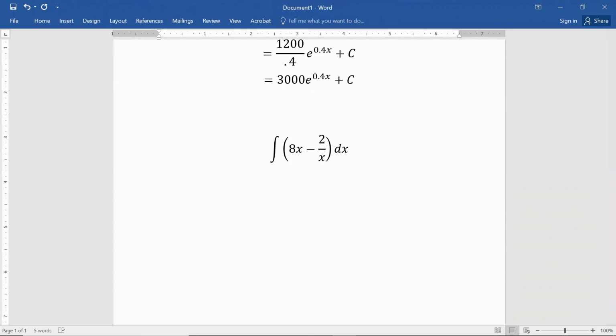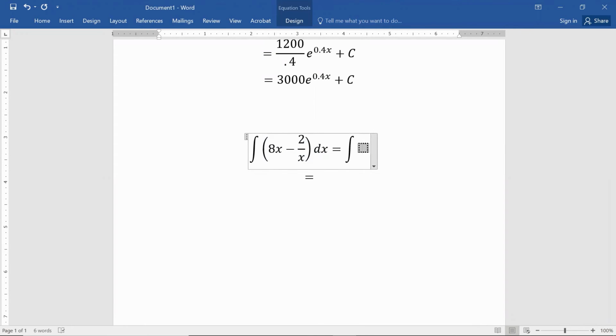If I want to find all antiderivatives of 8x minus 2 over x, one thing you can do is rewrite or re-envision that 8x minus 2 over x as 8x minus 2 times 1 over x.